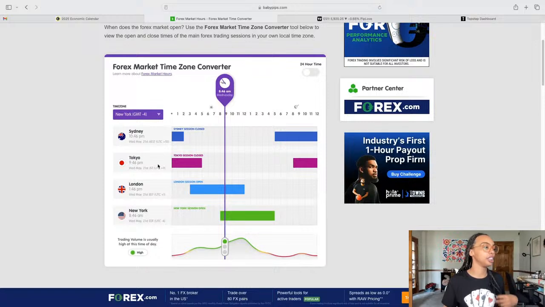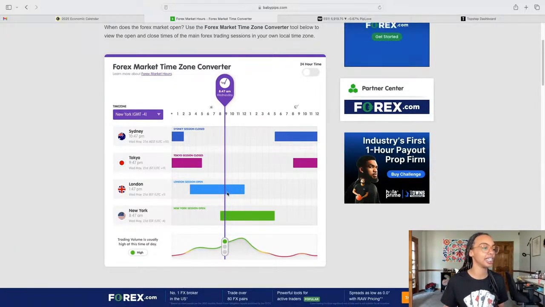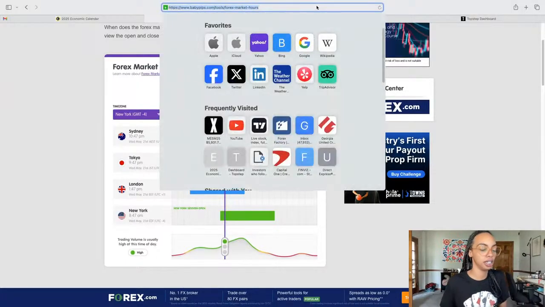You guys don't need to pay too much attention to it, but this helps you see when Sydney is opening or closing, Tokyo's opening and closing, the London session, and things like that. It definitely helps us see when certain markets are closing, which creates volatility sometimes when we have an overlap of sessions. So let me drop this in the chat.